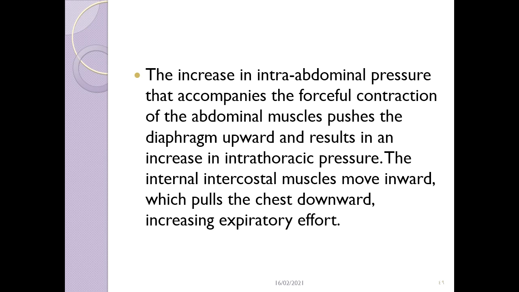The increase in intra-abdominal pressure that accompanies the forceful contraction of abdominal muscles pushes the diaphragm upwards and results in an increase in the intrathoracic pressure. The internal intercostal muscles move inward, which pulls the chest downwards and increases the expiratory efforts. This is how expiration occurs.